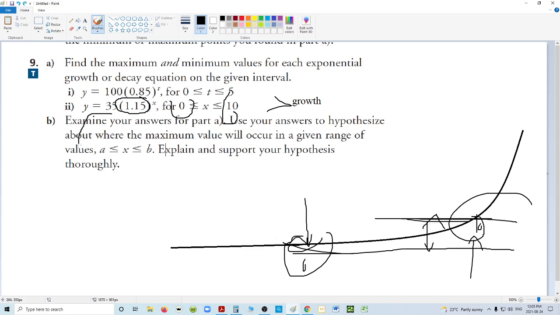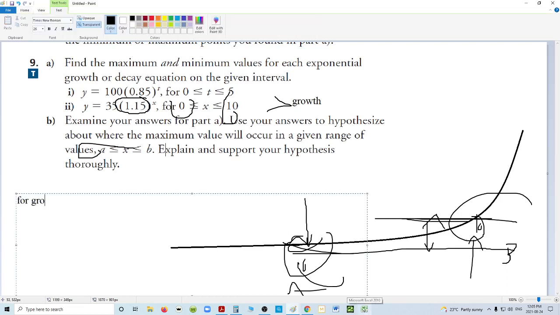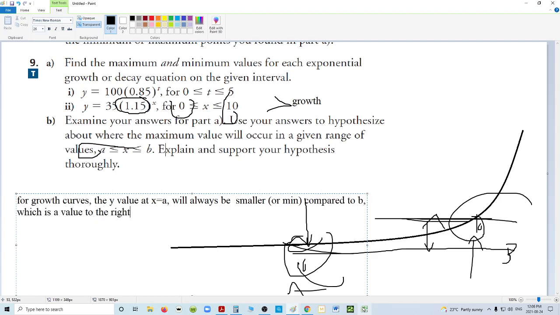And then they ask the general question, examine your answers for part B and use them to hypothesize the range between A and B. So instead of 0 and 10, they're saying A and B. So the answer, as said in the book, for growth curves, the value at x equal to A will always be smaller, the y value, smaller or minimum, compared to B, which is a value to the right of A. When x is equal to B, the y value will be larger compared to f of A as you go left to right.